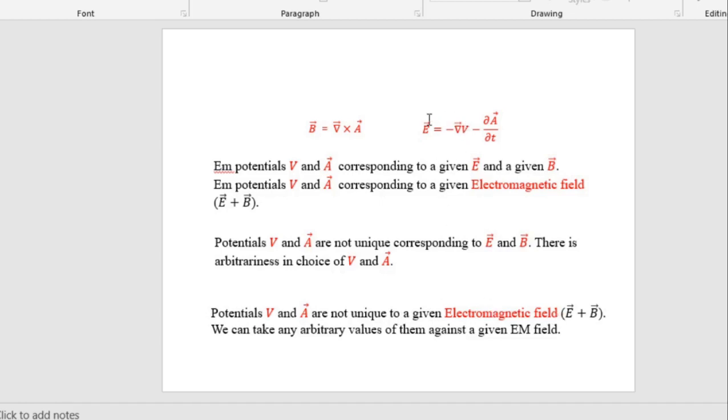That means these potentials A and V in these equations are not unique corresponding to a given electromagnetic field. We can take any arbitrary values of them and they will all represent the same electromagnetic field.